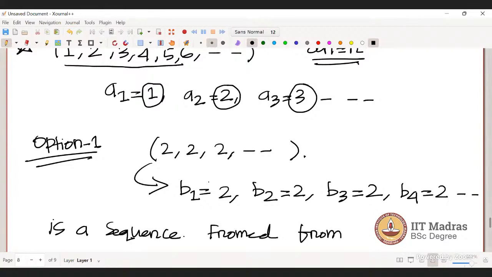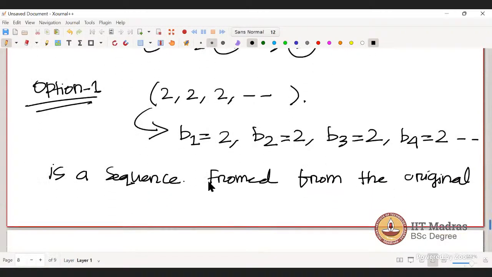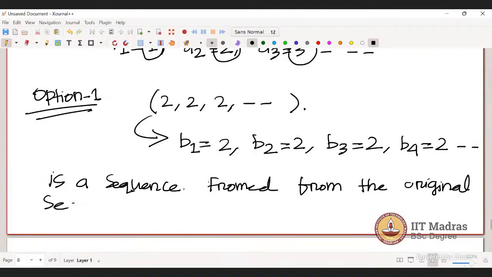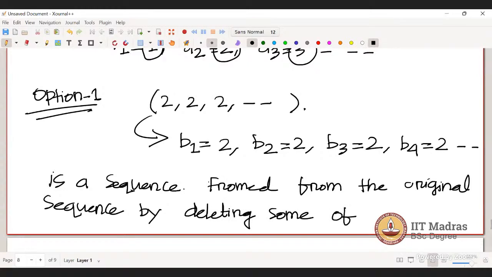which you can form from the original sequence by deleting some of its terms, but not adding terms. Some of the elements of the original sequence.